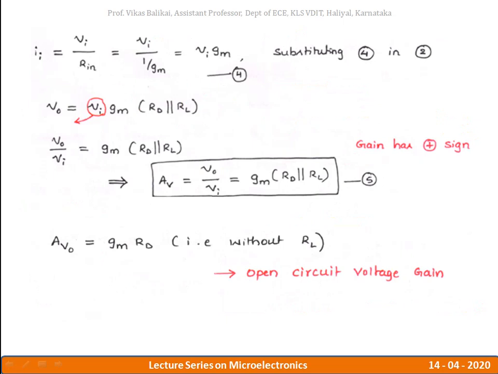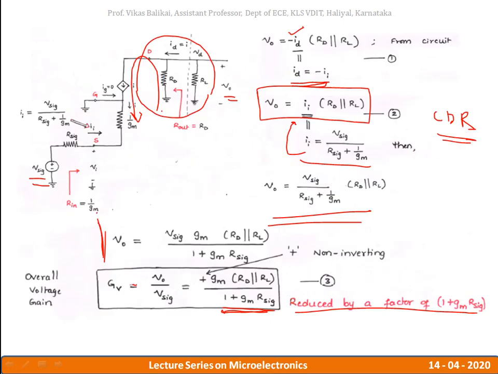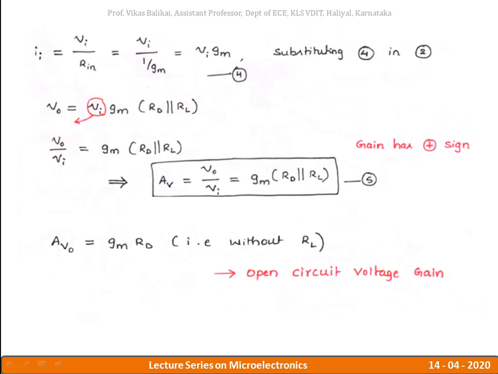Let's call this equation number 4, and if I substitute equation number 4 in equation 2, my output voltage will be Vi times Gm in the place of Ii, multiplied by RD parallel RL. And if I bring this Vi down, I'm going to get a simple voltage gain V0 by Vi, which is nothing but Gm times RD parallel RL.